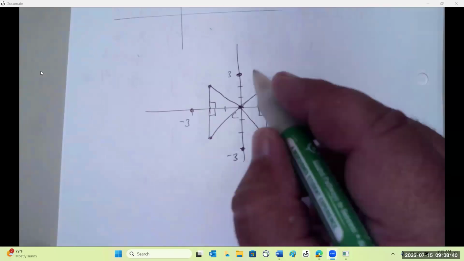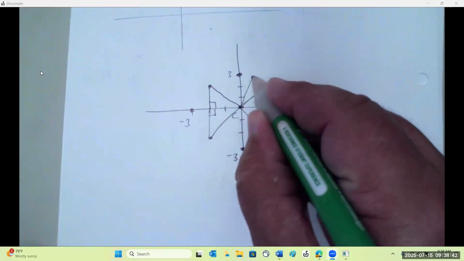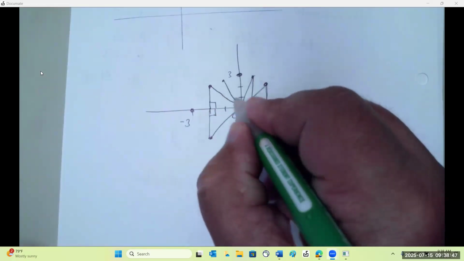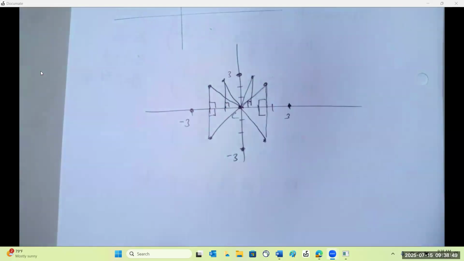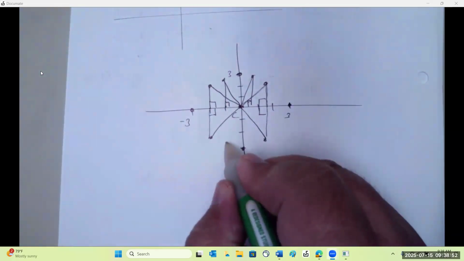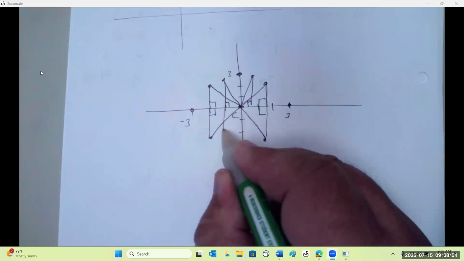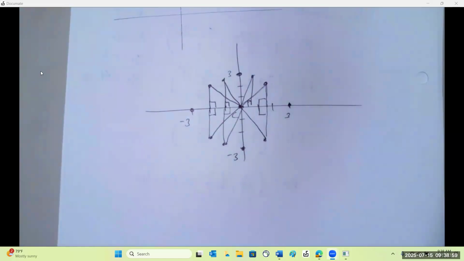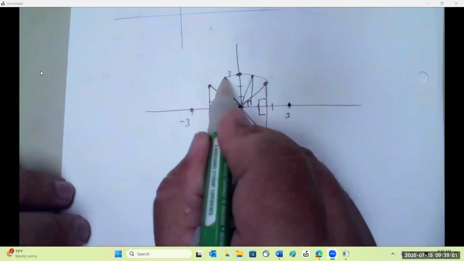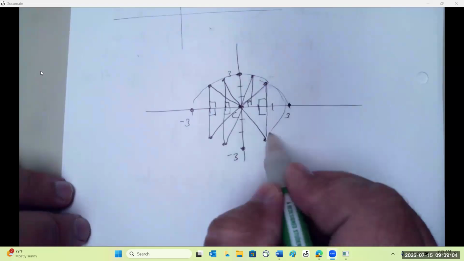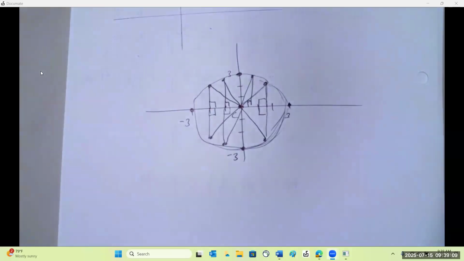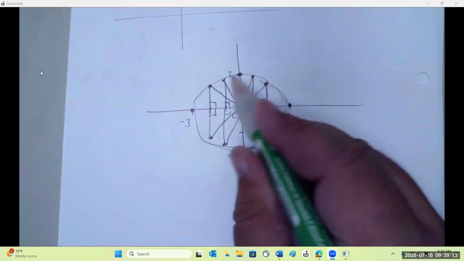So each one of these, no matter what point I pick, I can create a right triangle. So you see what's happening: the more of these points that I have, the closer they get to each other, so I shouldn't even connect them. So how do we define the equation of the circle?